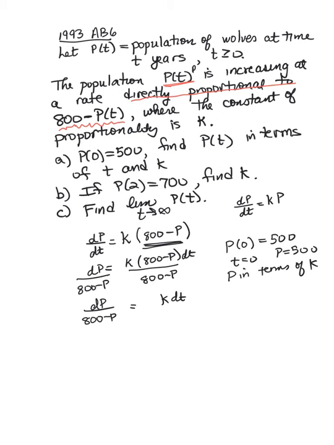We integrate each side. And we agreed that this side would be kt plus c, but this side would require u substitution. And because the exponent in the denominator is 1, we know that this is an ln integral.